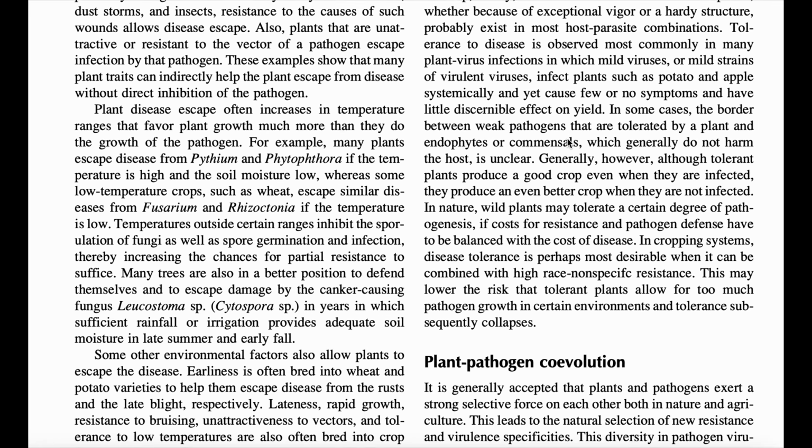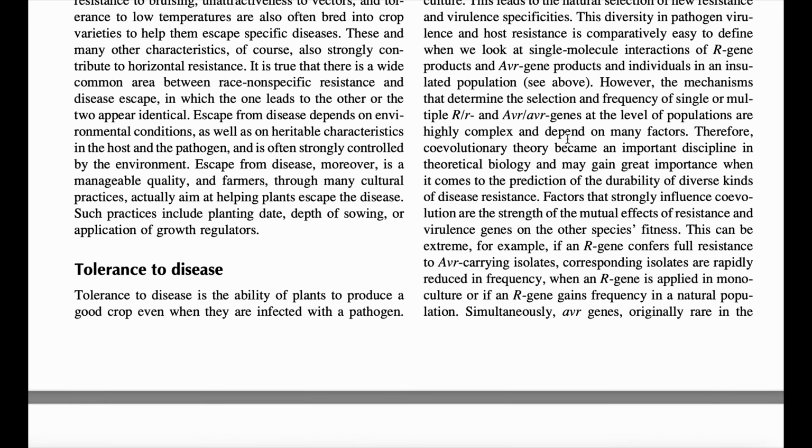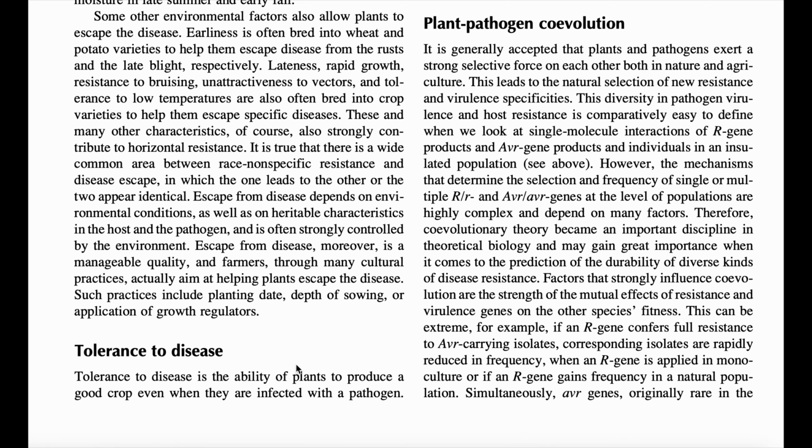Coming to disease tolerance. So what is disease tolerance? Tolerance to disease is the ability of a plant to produce a good crop even when it is infected with a pathogen, which means the crop is infected by a pathogen, but even after that the disease is tolerable and it will produce a good crop.